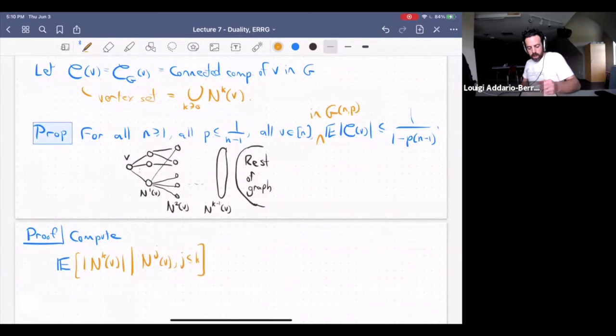Well, let's think about querying. For each vertex, one after the other in some order, we'll ask how many neighbors the first vertex has in the rest of the graph.